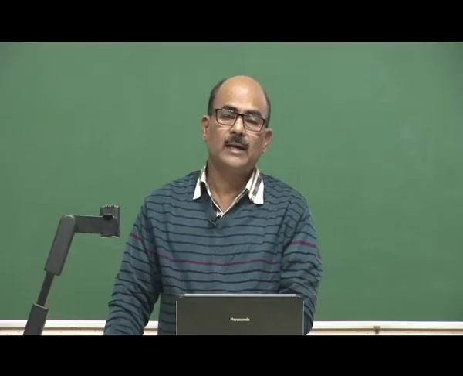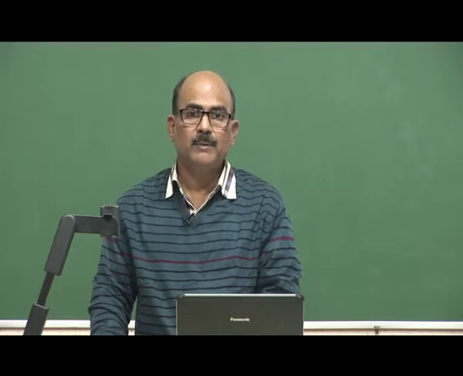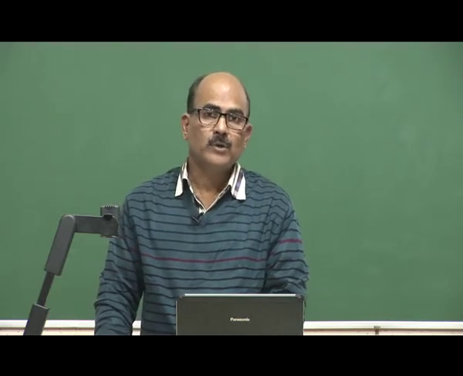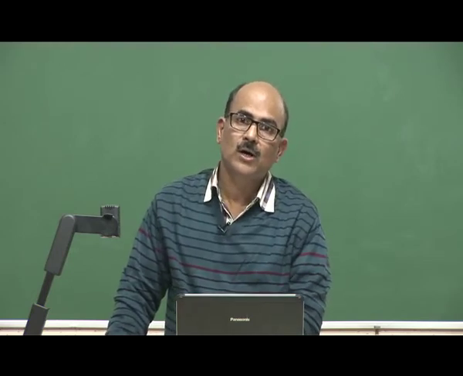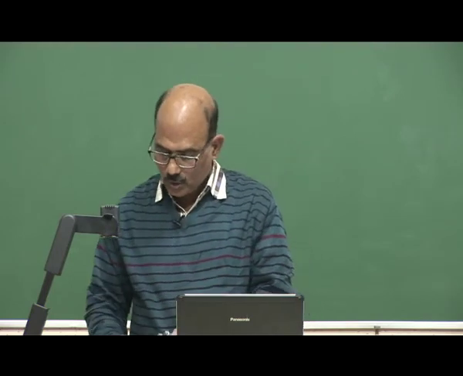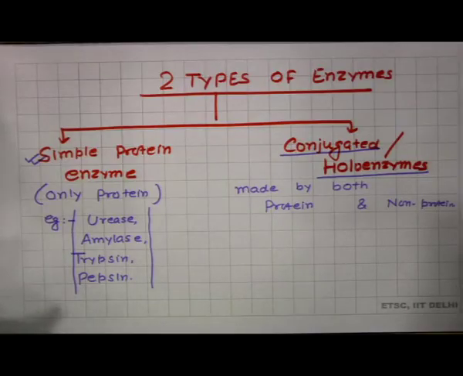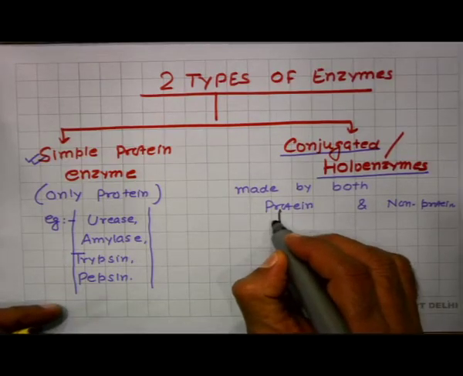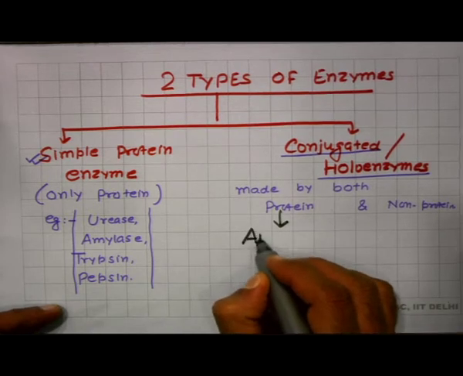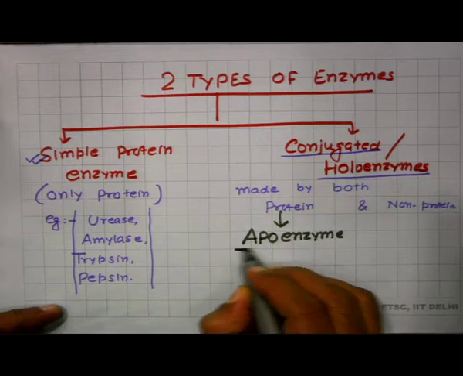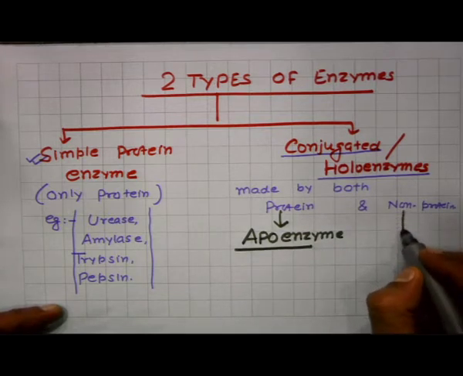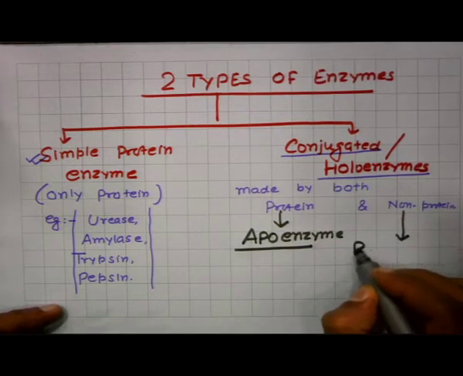The conjugated enzyme is made by a protein part and a non-protein part. The protein part of the enzyme is called the apoenzyme and the non-protein part is called the prosthetic group.